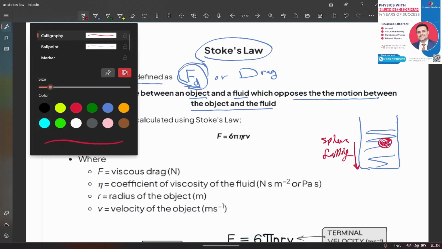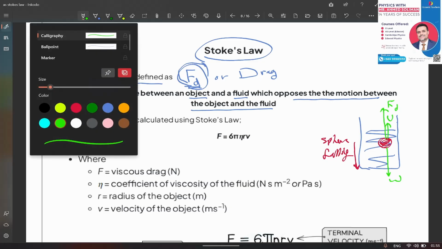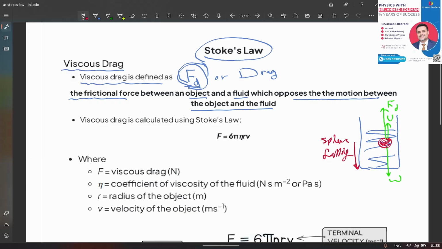In fact, we have three forces: weight, downward, and of course upthrust, the upward force. What else? Because the sphere is not stationary, it's moving downward, so we have drag force. Drag force is toward the top, it's an upward force.